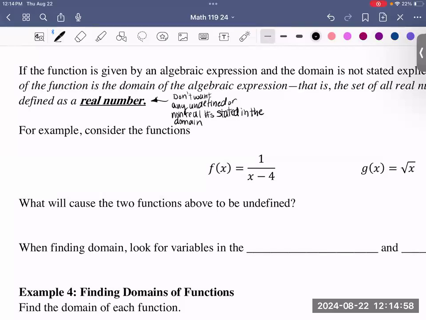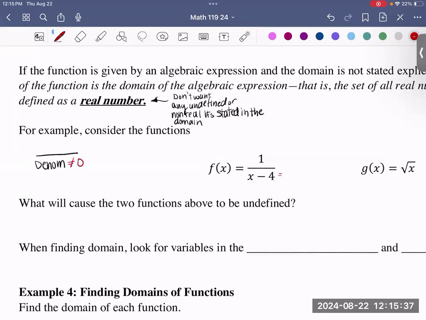So we're trying to look for the values that will cause an undefined or an unreal response. Now, when you have a denominator, so any sort of rational function with a denominator underneath, you're going to have values that are not going to work. What number is never allowed underneath the denominator? We do not want to see a 0 in that response.